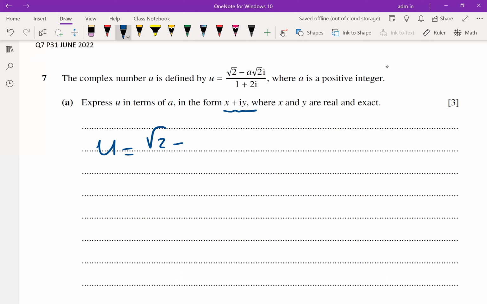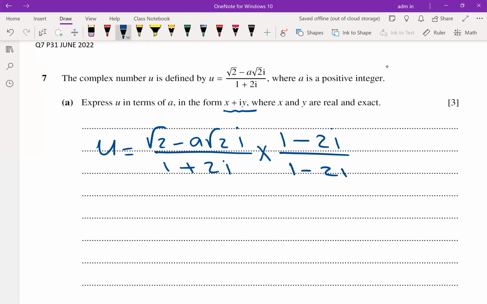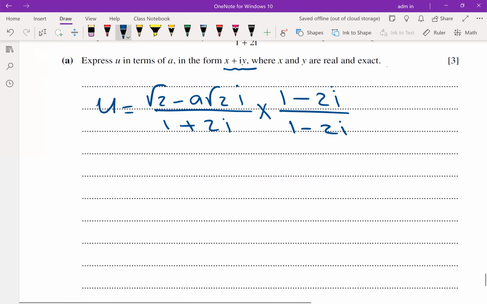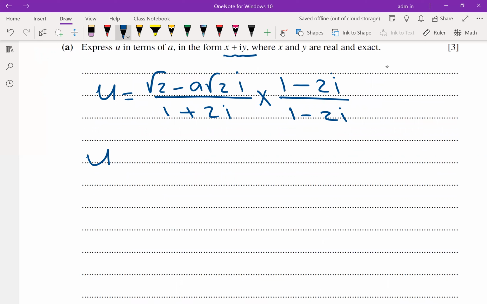It's (root 2 minus a root 2 i) divided by (1 plus 2i), multiplying by the conjugate of the denominator, which will be (1 minus 2i) divided by (1 minus 2i). Then u is equal to, expand and simplify. 1 multiplied by root 2, root 2 times 1 is root 2.